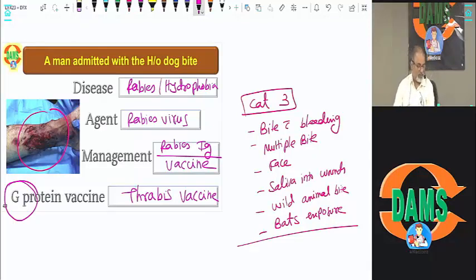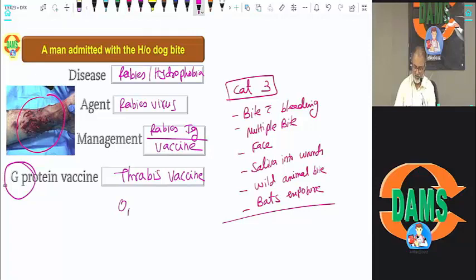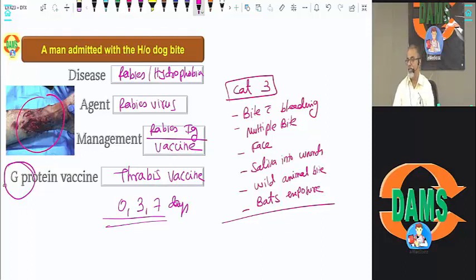Okay, vaccine and immunoglobulin. Yes, Hitesh, perfect. Okay, what is the dose? 0, 3, 7 days. 1, 2, 3, rabies free. 3 doses, 0, 3, 7 days, that's all. With this we complete our 40 questions.